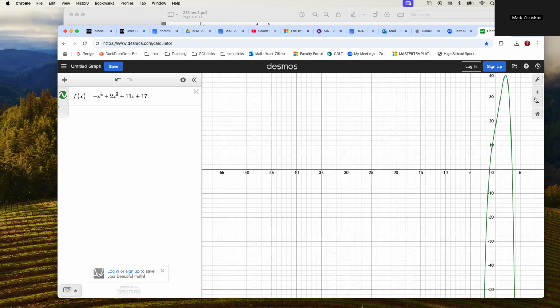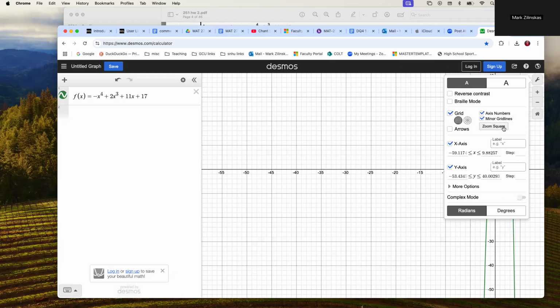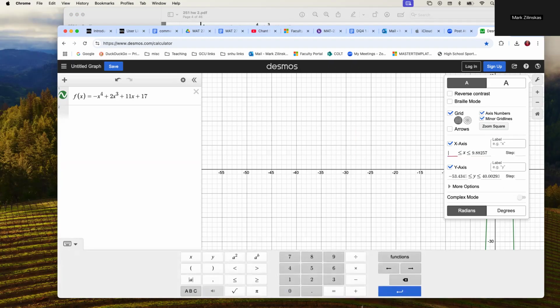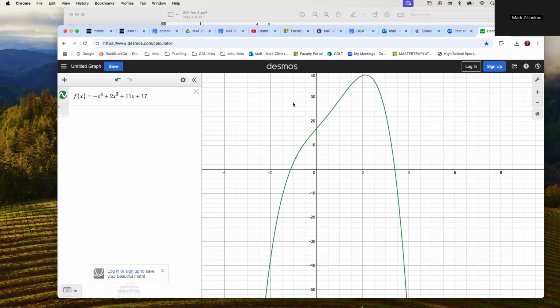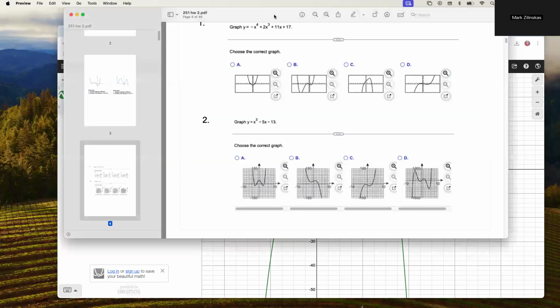Well, I must have hit -50 here. Let me try that again. -5. Okay. See, and now again, it helps to know a little bit about what the graph should look like, but that one looks a whole heck of a lot like that one. And like I said, by the time you get done fussing around trying to match up your Desmos graph with the graphs that are available here, you'd be better off just applying the principles that we discussed.